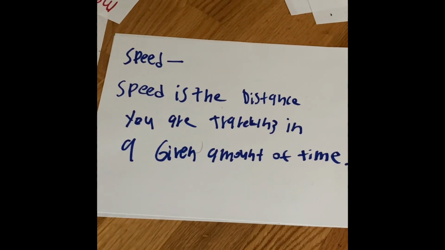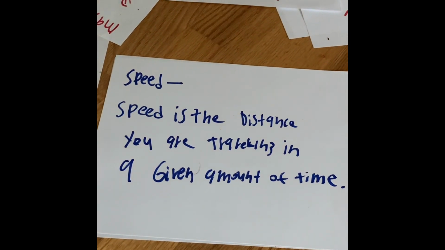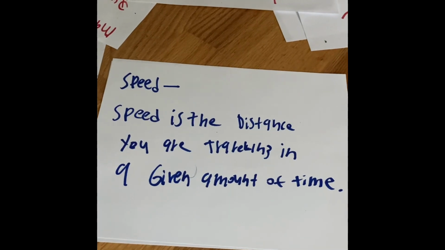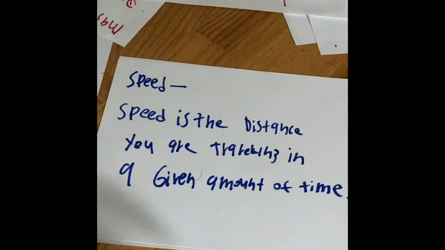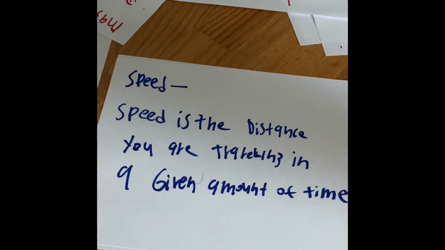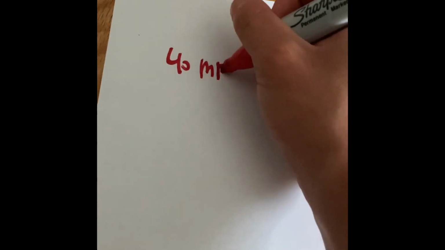Speed is the amount of distance you are traveling in a certain amount of time. If you say 40 miles per hour, it makes a lot of sense, because you are literally saying, in the English language, 40 miles per hour.